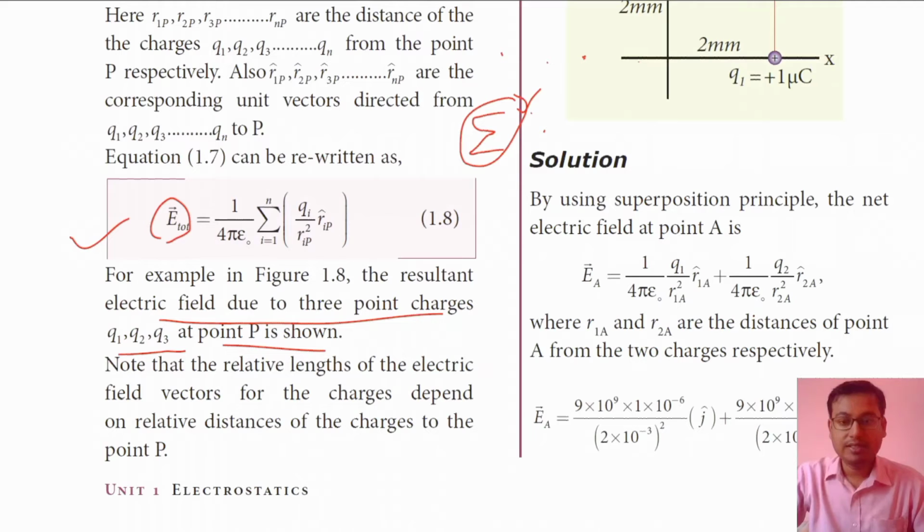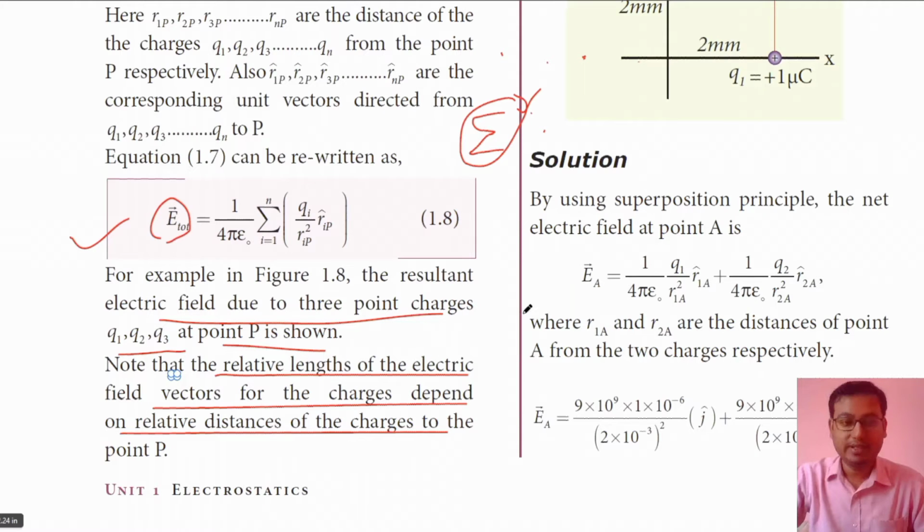One important aspect said here is, note that the relative lengths of electric field vectors for the charges depend on the relative distances of the charges to the point P. In our previous class we have seen that the electric field decreases as the distance increases. If you haven't seen my previous video lecture, you can go through the channel list.